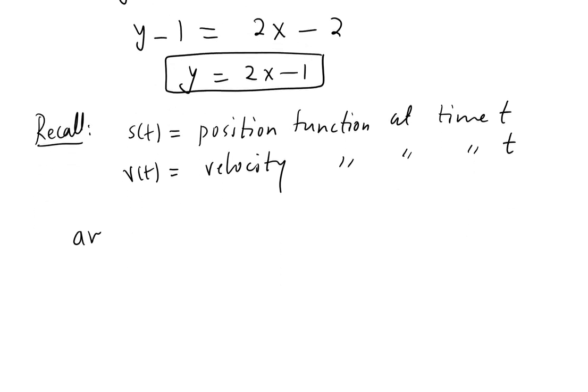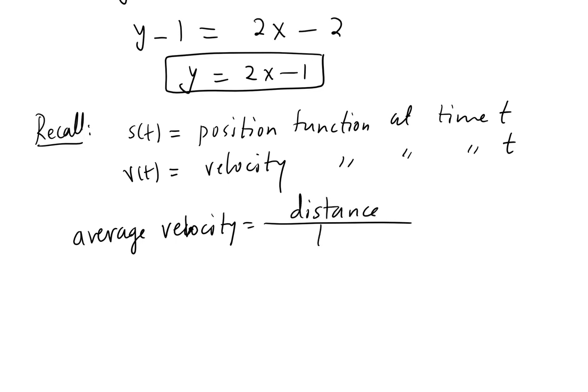Then we define the average velocity as distance over time. When we say distance here, we mean the change in the position, over the change in time.